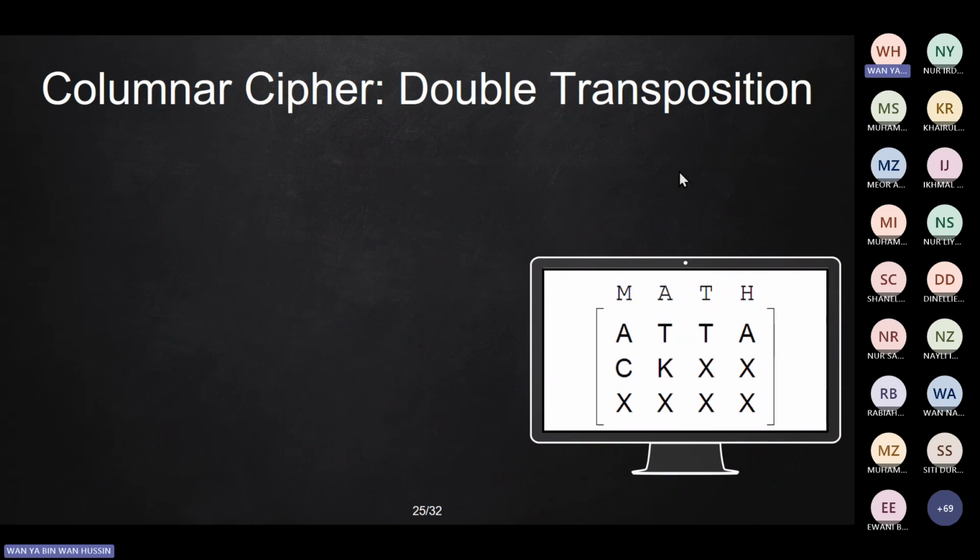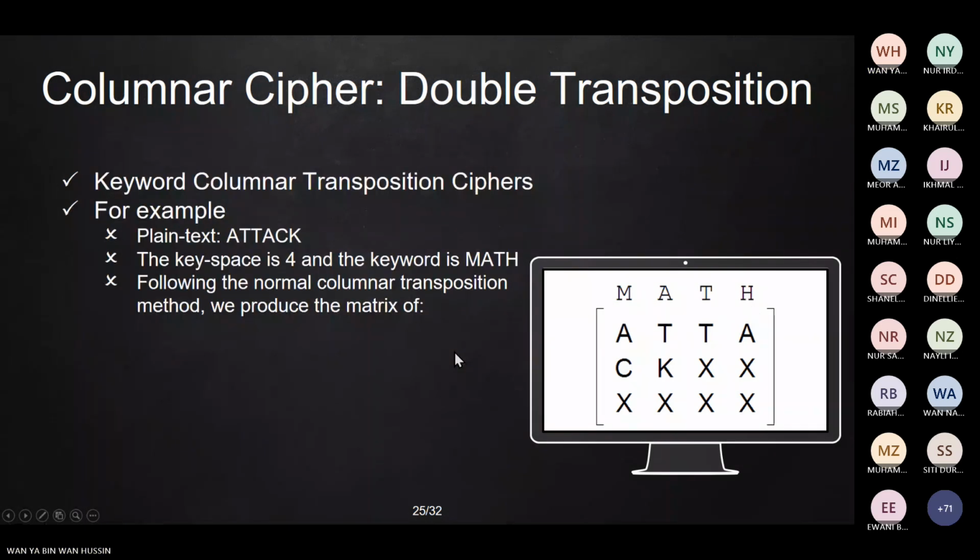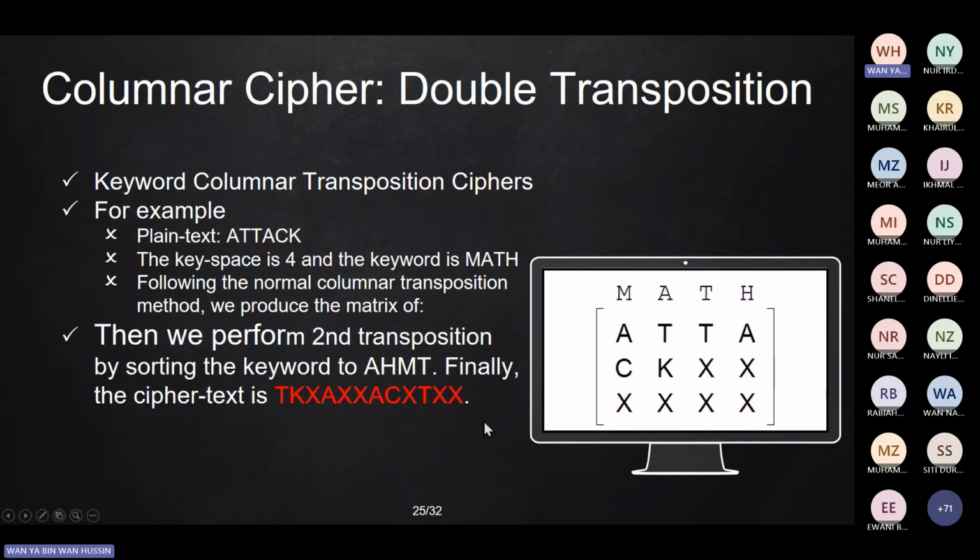Double transposition. Here it means the first transposition, we do it on the plain text here, and the second transposition, we do at the key. So now we have this.